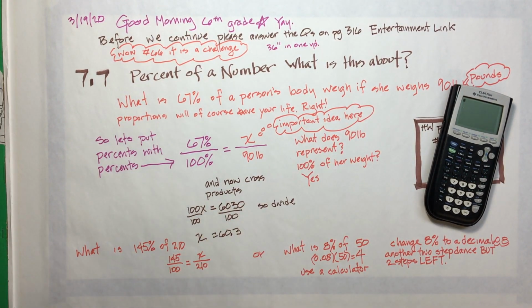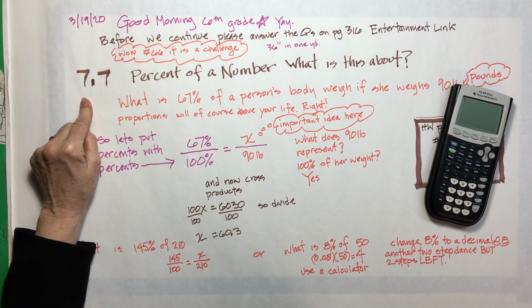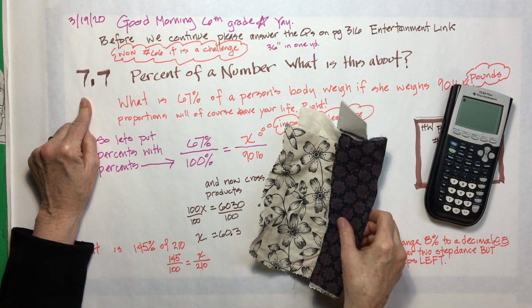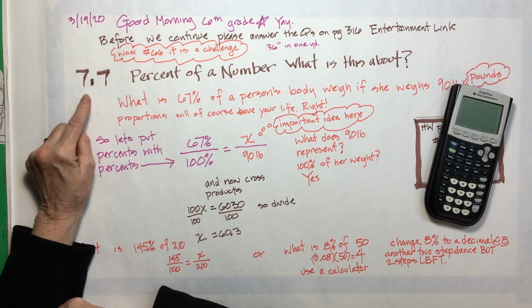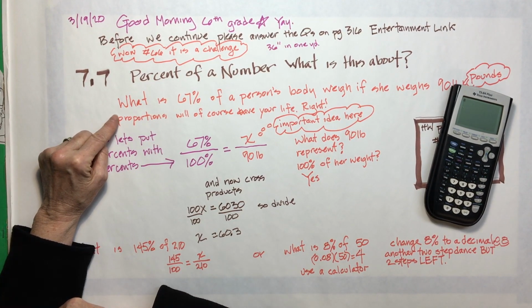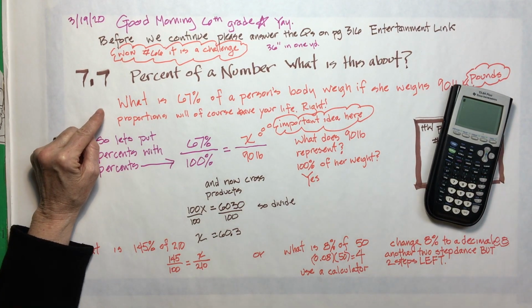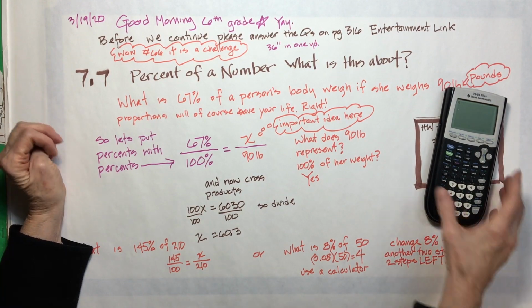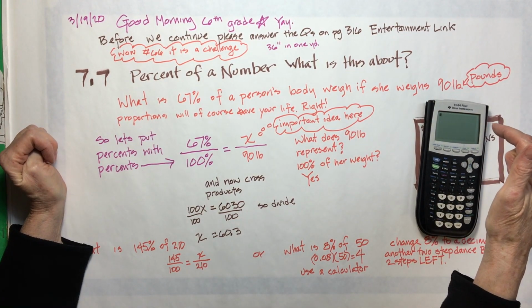Once you've done that, I would like you to study this video about 7.7, which is percent of a number. What is that about? What is 67% of, let's say, one of your classmates' body weight if she weighs 90 pounds?